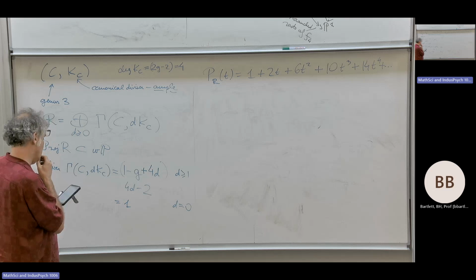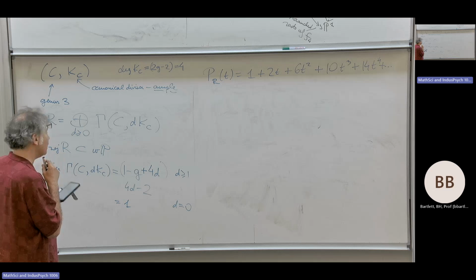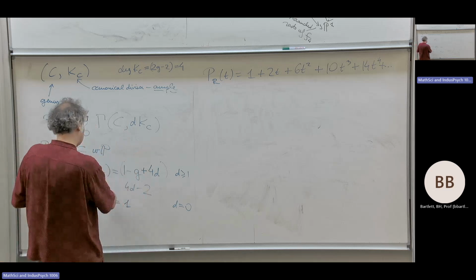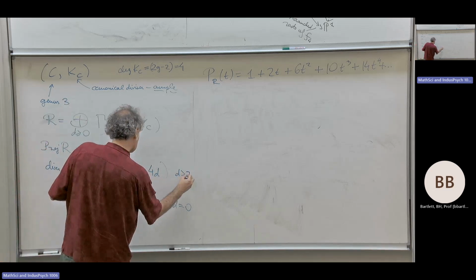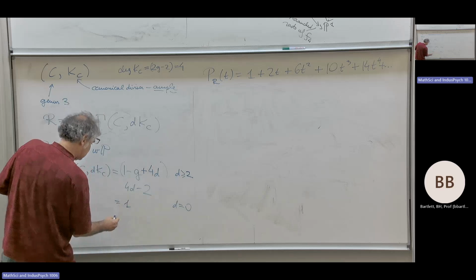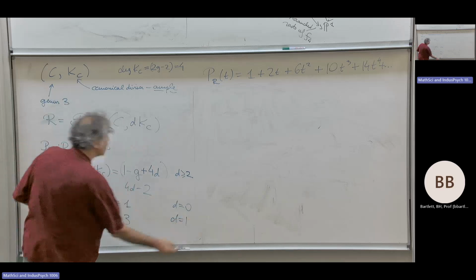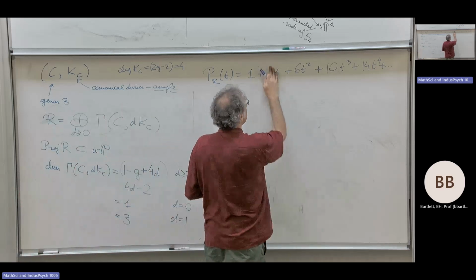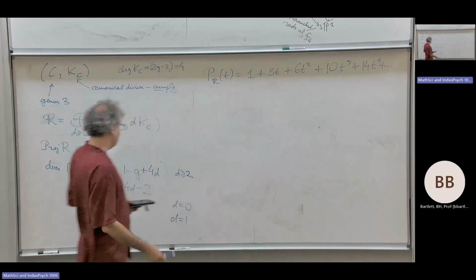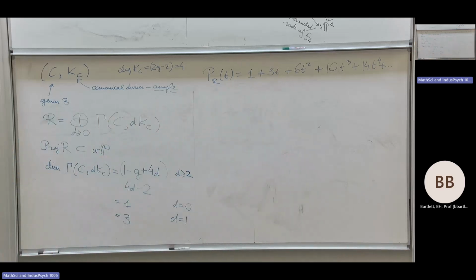Sorry, I think it's slightly wrong here. So this is when d is greater or equal to 2. You have to do the Riemann-Roch calculation. For d equals 1, you have 3 sections. I'm sorry, so this is actually a 3, because the other term still contributes. Okay, that's what Riemann-Roch does.